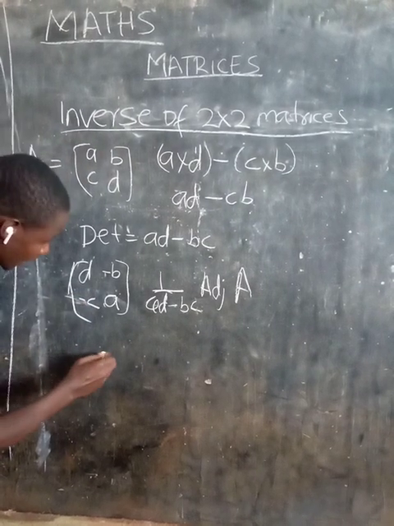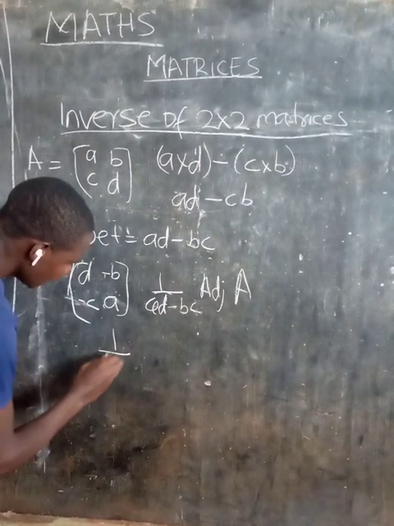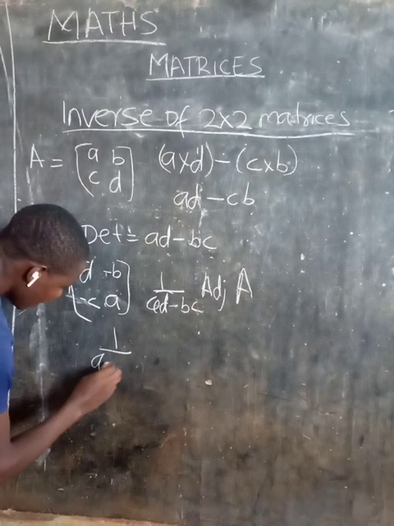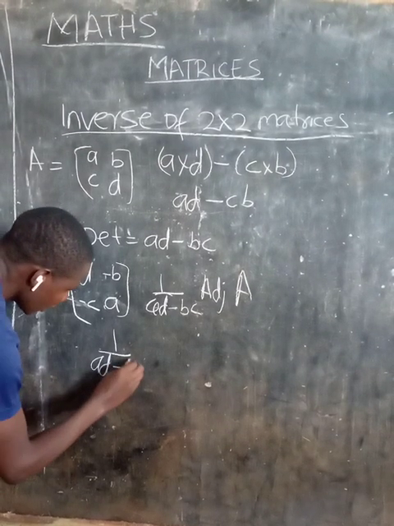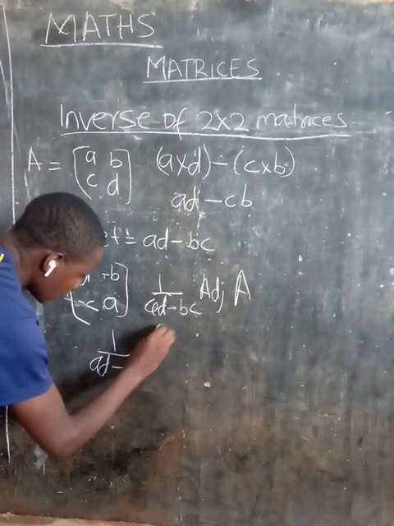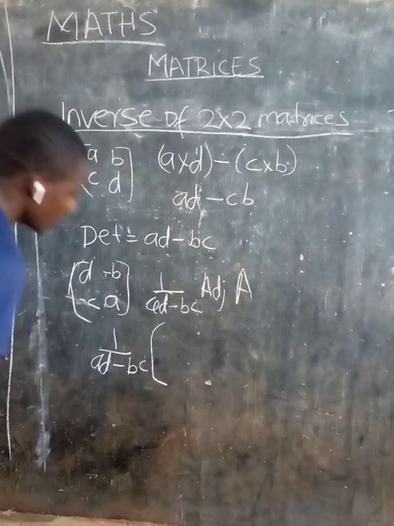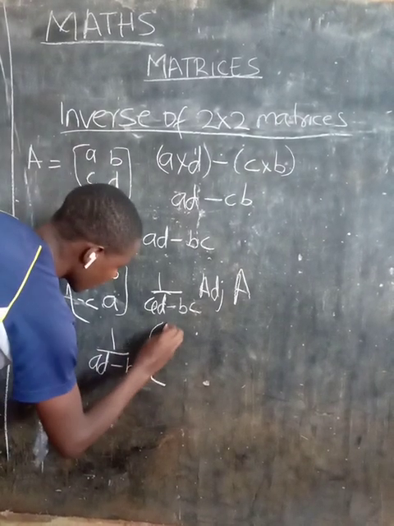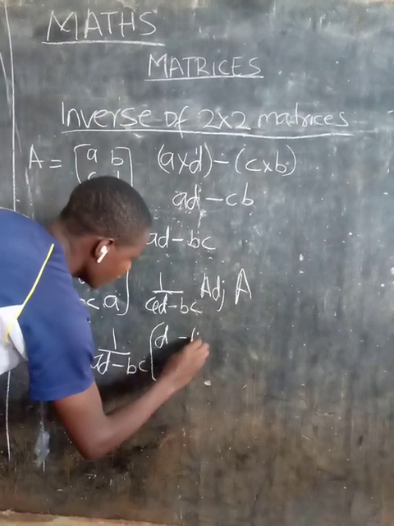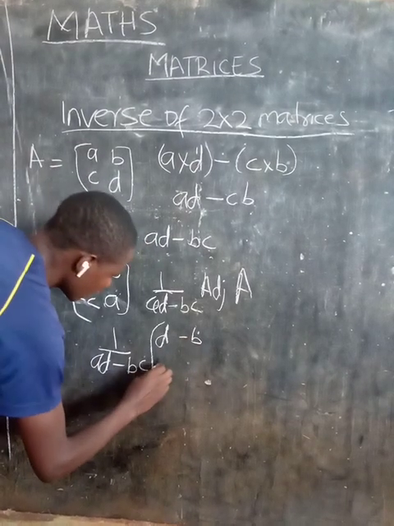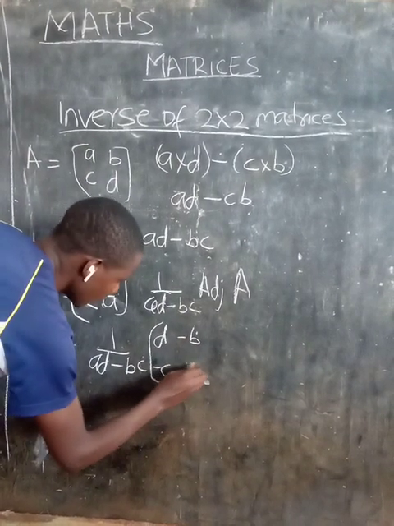So we take 1 over AD minus BC multiplied by D, negative B, negative C, A.